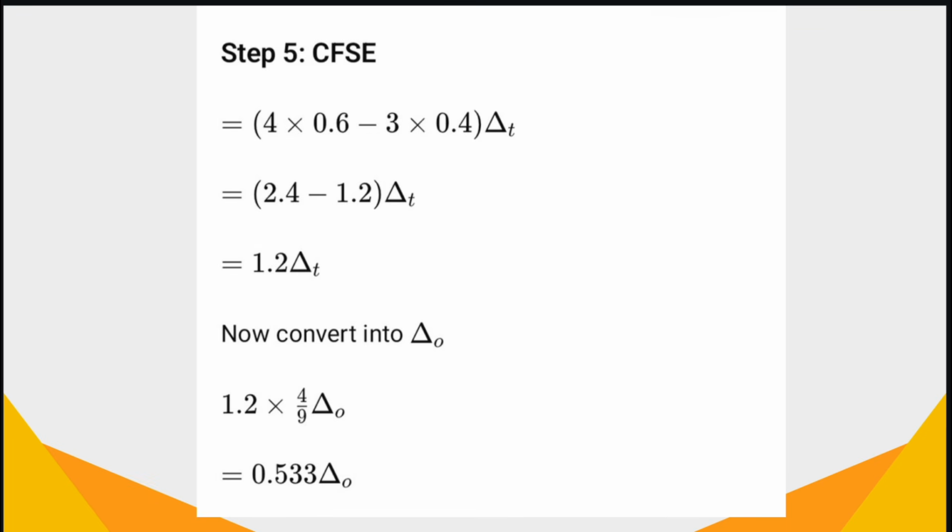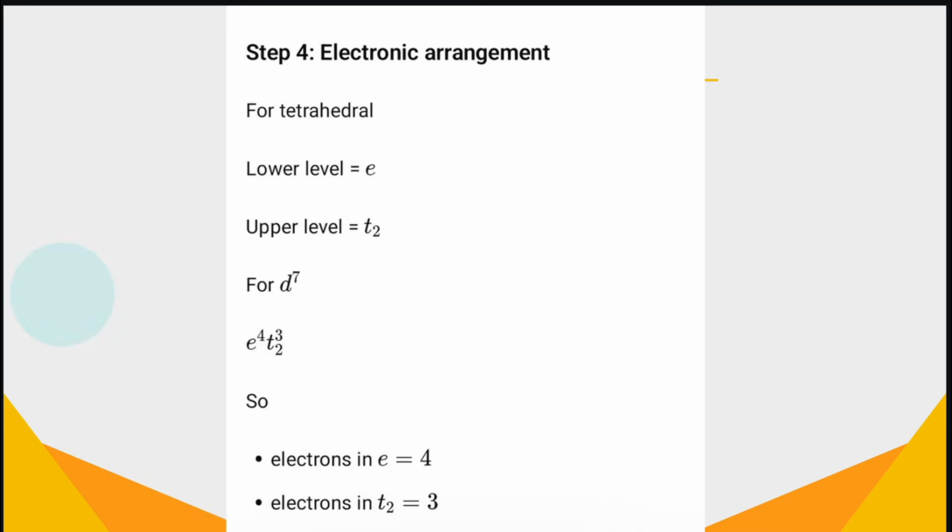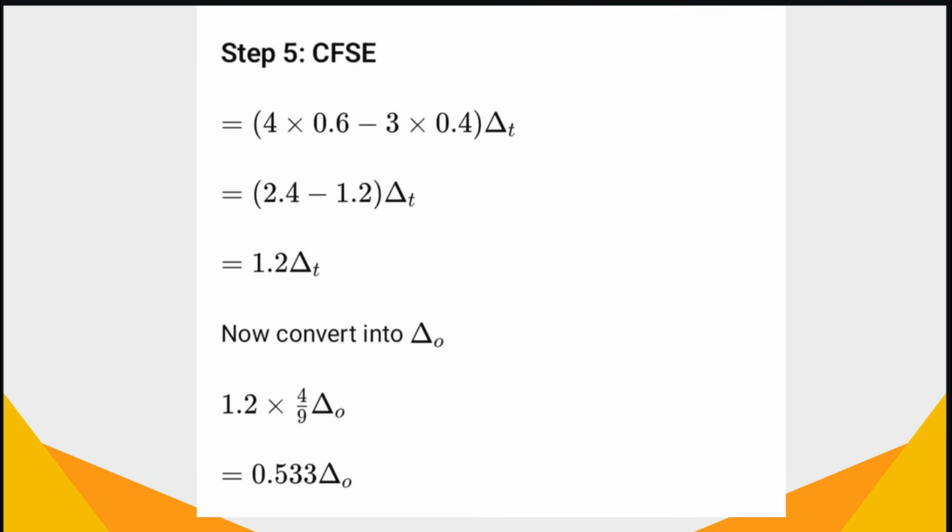CFSE is equal to 4 electrons in e times 0.6 minus 3 electrons in t2 times 0.4, times delta T. So you get 2.4 minus 1.2, which is 1.2 delta T. Now convert into delta naught: 1.2 times 4/9 delta naught is equal to 0.533 delta naught.